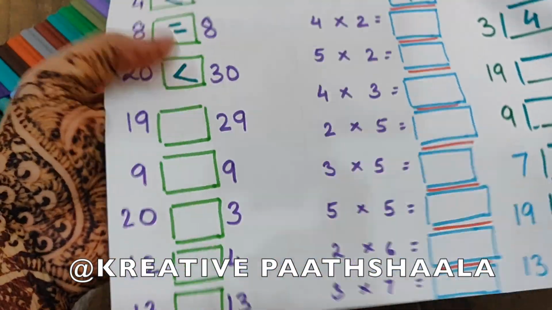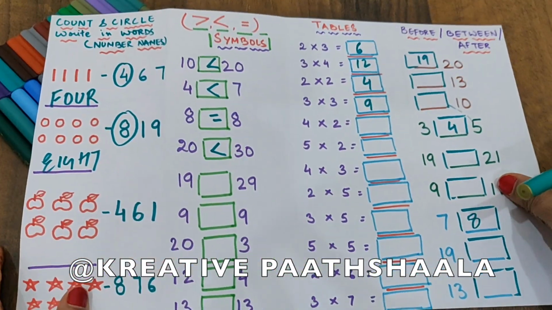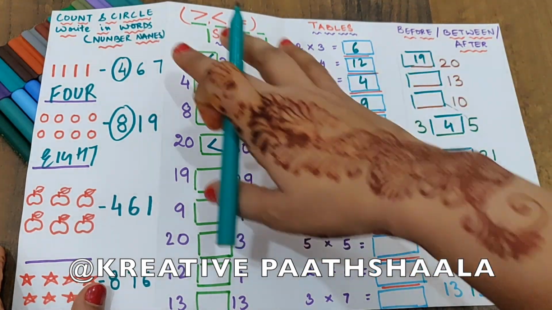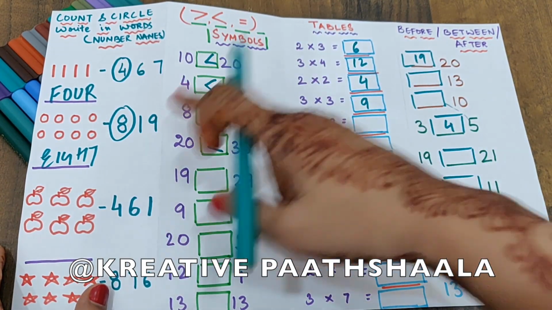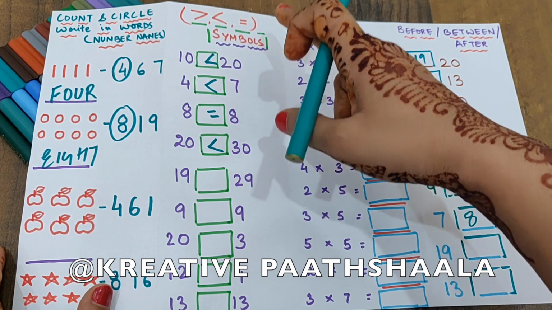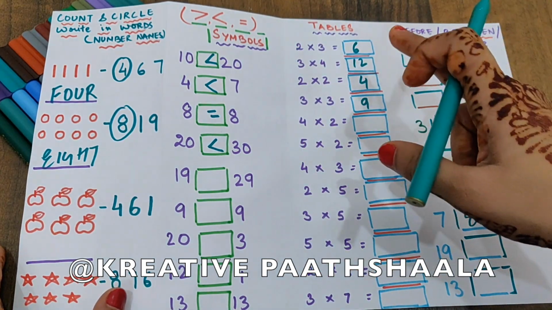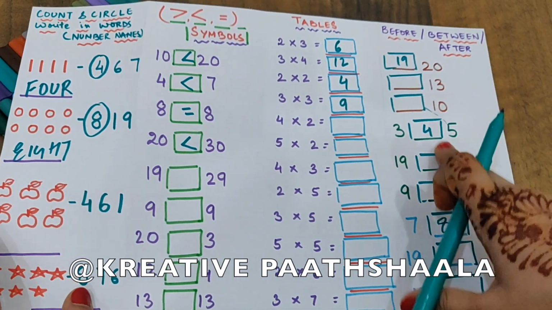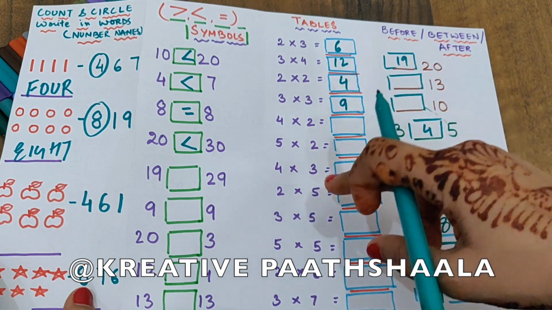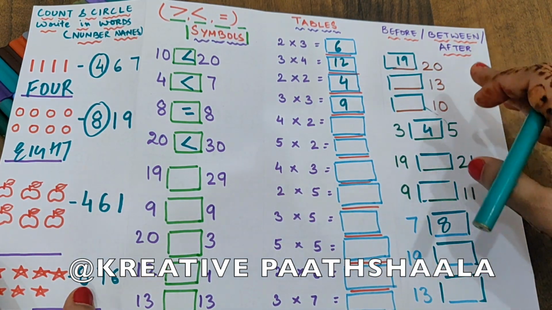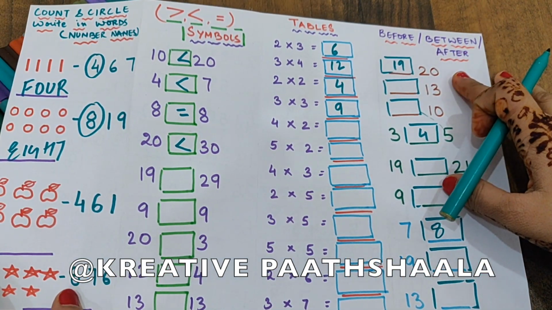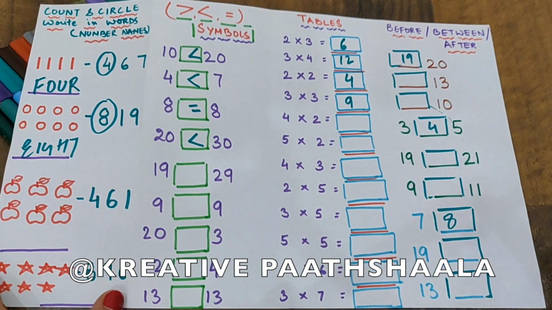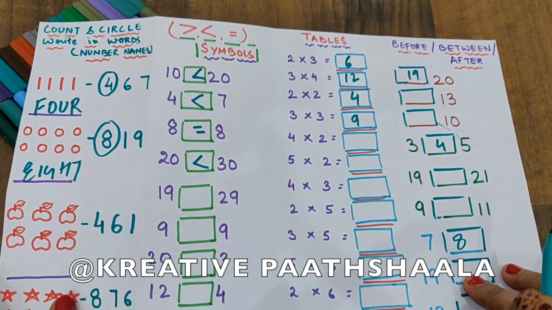So I also told you all the topics over here. That is, I told you about count and circle, write in words, number names, then greater than, less than and equal to symbols. Tables also I told you, that is, give it in a jumbled form instead of giving one single table repetitively. Next one, I also told you about before, between and after. Now let us count how many topics we actually covered.